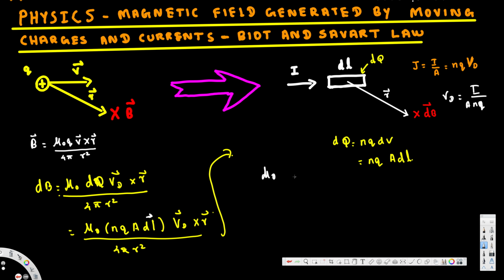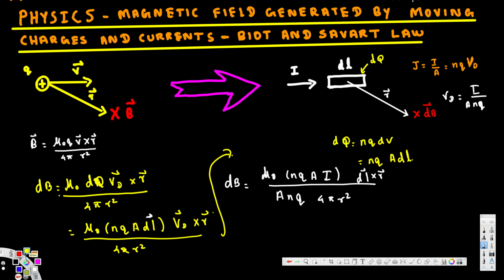Mu naught, and then we have nqA dl. I'm going to cross dl with r, dl cross r, and then instead of drift velocity, I'm going to replace this one, I over nqA. So I will be on top, and then this n, q and A will go to the bottom. This is all equal to dB, and we also have 4 pi r square remaining.